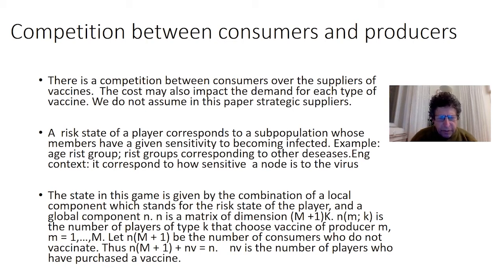N is a matrix of dimension capital M plus 1 times K. N_MK is the number of players of type K that choose the vaccine of producer M, where M goes from 1 to capital M. N_{M+1} is the number of consumers who do not vaccinate at all. Thus, N_{M+1} plus what we define as N_V equals N.